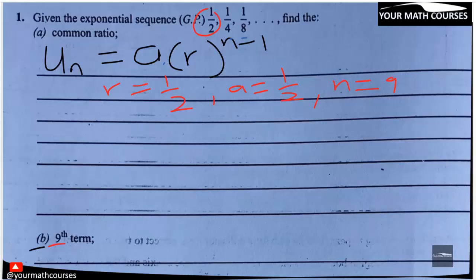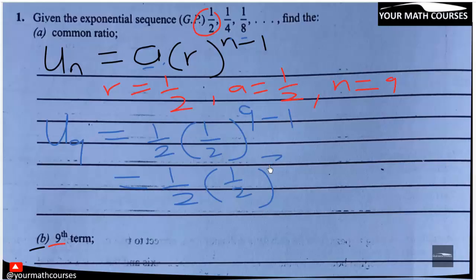So the ninth term will be equal to a, which is 1 over 2, times r, which is 1 over 2, exponent n, which is 9, minus 1. So this will be equal to 1 over 2 times 1 over 2 exponent 8.